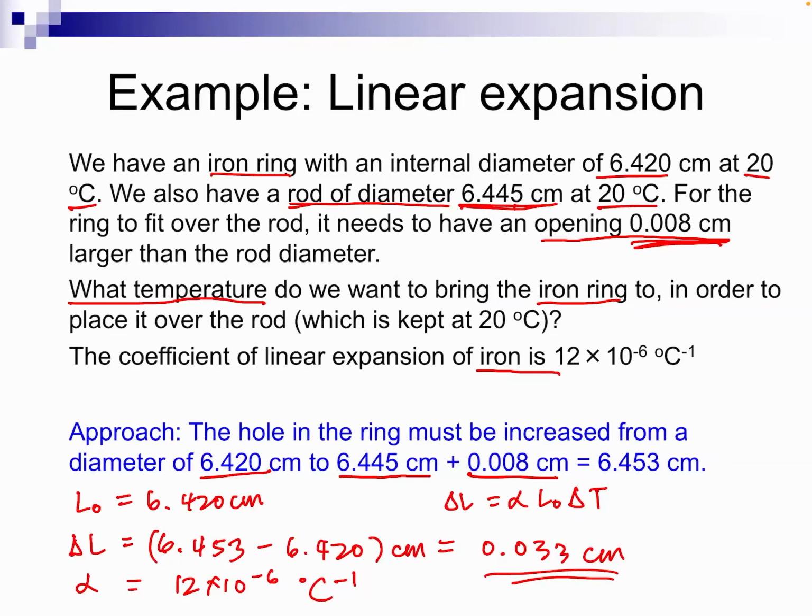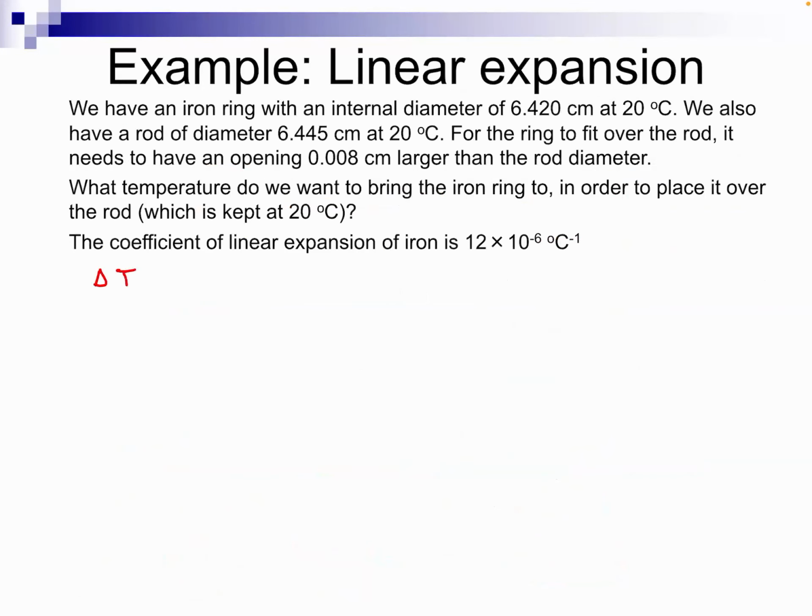So we do that. The change in temperature is equal to, coming from delta L equals alpha L0 delta T. Plug in everything from before, and you get a change in temperature of 48 degrees Celsius.